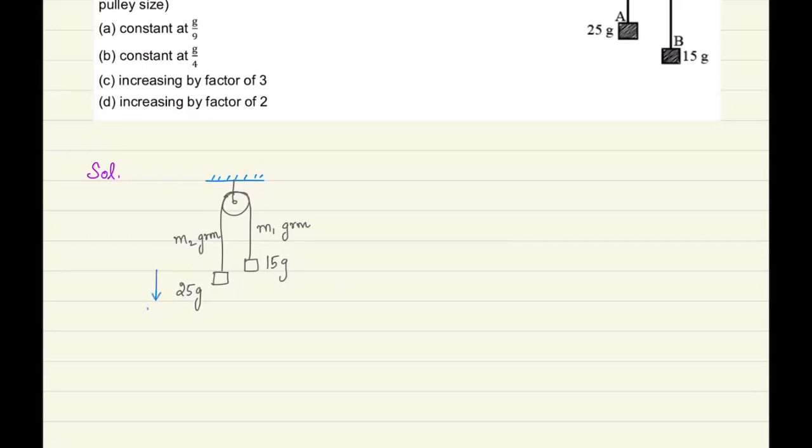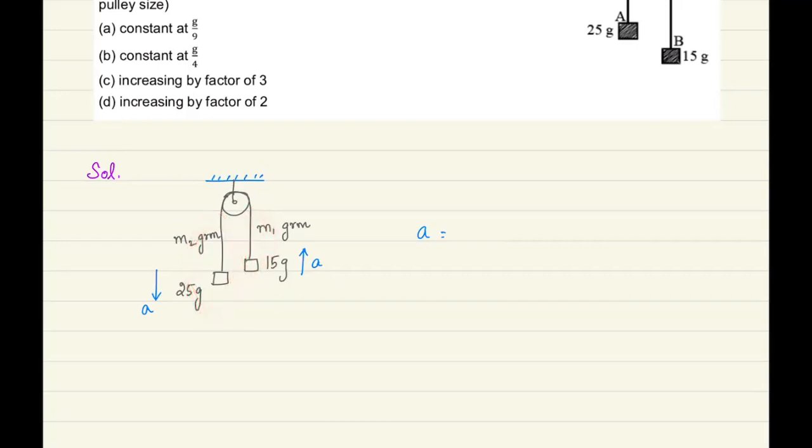The 25 gram on this side will be accelerating down, and the 15 gram will accelerate up. For a fixed pulley, we can write the acceleration as the total mass on the heavier side minus the total mass on the lighter side, divided by the total mass, into g.